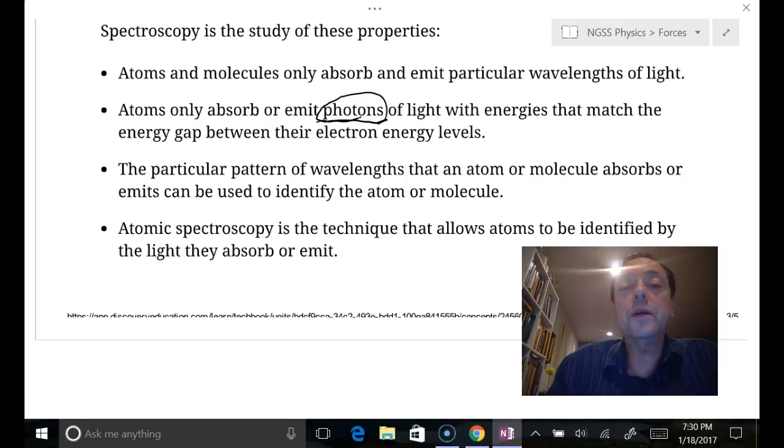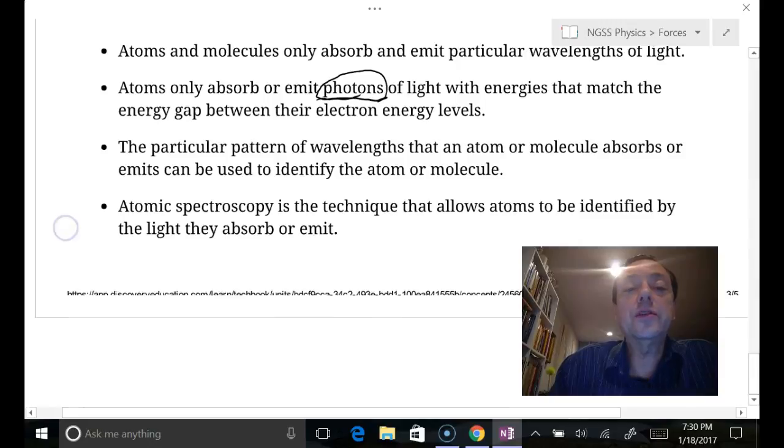So depending where the electron is in orbit, it'll absorb and emit light of certain wavelengths around that atom, and we can tell by spectroscopy, by examining the light that these electrons absorb and emit, what atom that is, or even what molecule that is. The particular pattern of wavelengths that an atom or molecule absorbs or emits can be used to identify it. Atomic spectroscopy is a technique that allows atoms to be identified by the light they absorb or emit.